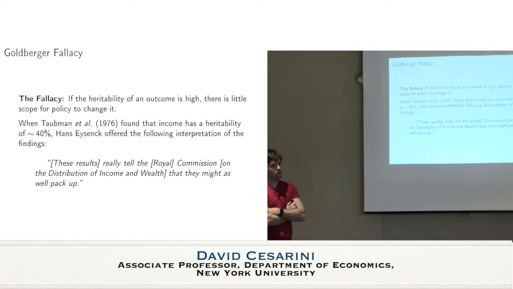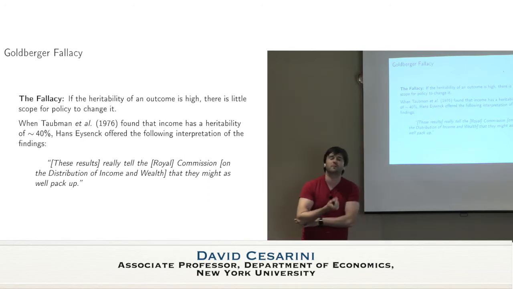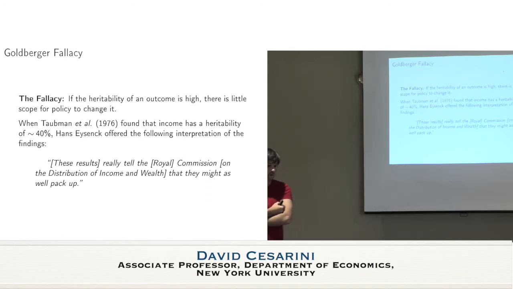I want to distinguish between two fallacies, one of which I call the Goldberger fallacy, the second of which I call the Jenks fallacy. The Goldberger fallacy is the notion that the heritability is some sort of index of policy effectiveness. If the heritability is high, it means that the phenotype can't be changed through environmental interventions, and maybe vice versa.